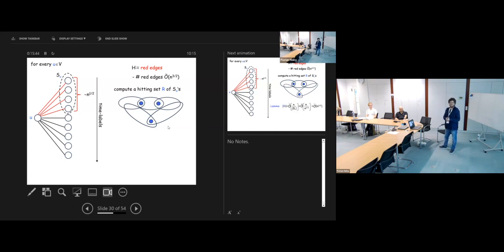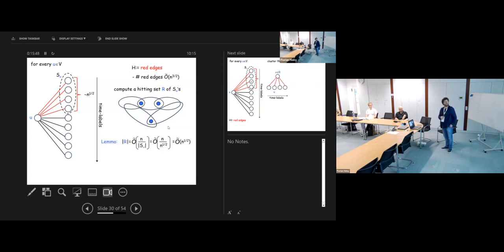There is a well-known technical lemma that shows that since these sets have size at least square root of n, the hitting set has size of order square root of n as well, up to polylogarithmic factors.